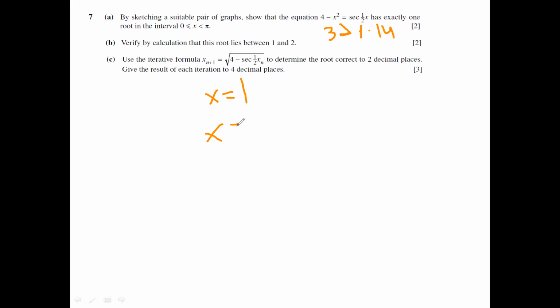Now if we put in x equal to 2, the value of the first equation becomes 0, and the value of the second equation becomes 1.85. So the sign changes. This is a proof that the root lies between these values. So this is also done.